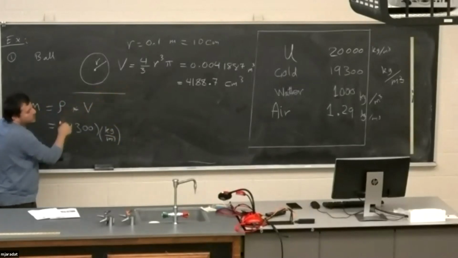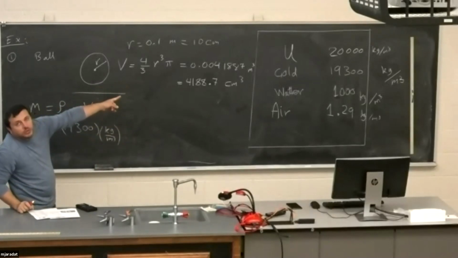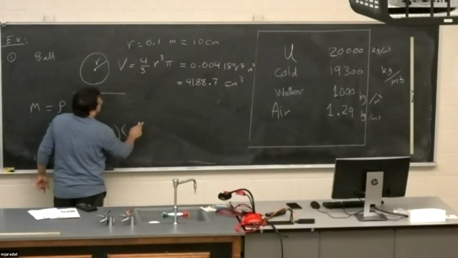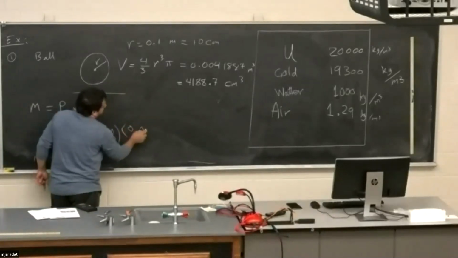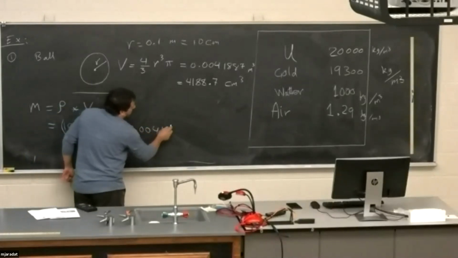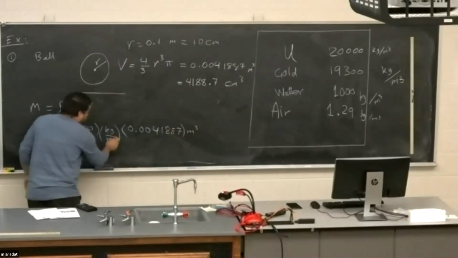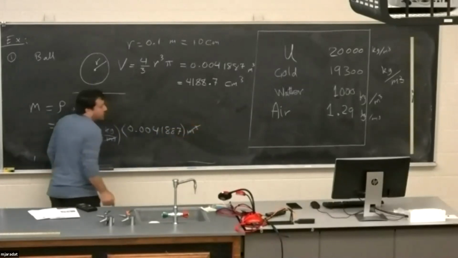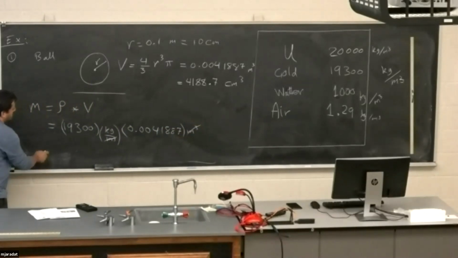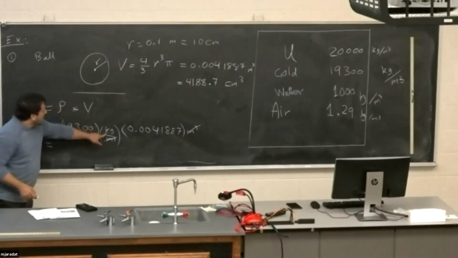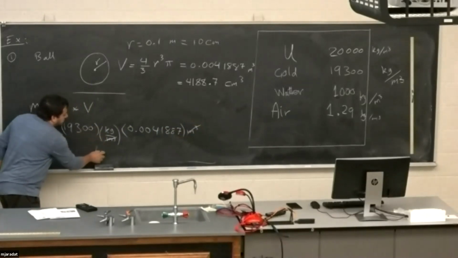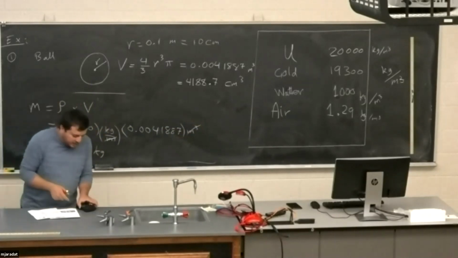So I need to use the meter cubed quantity multiplied by 0.004187 meter cubed. In this case, meter cubed will cancel with meter cubed. We know how to do this. The unit is kilogram.